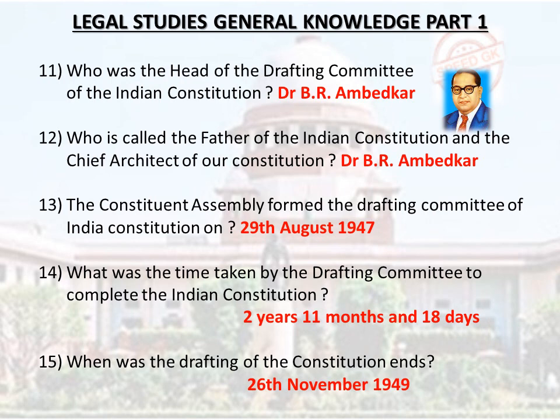The Constituent Assembly formed the drafting committee of the Indian Constitution on 29 August 1947. What was the time taken by the drafting committee to complete the Indian Constitution? 2 years 11 months and 18 days. When did the drafting of the Constitution end? 26 November 1949.